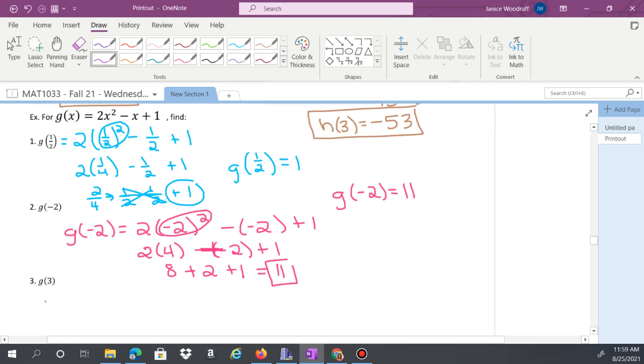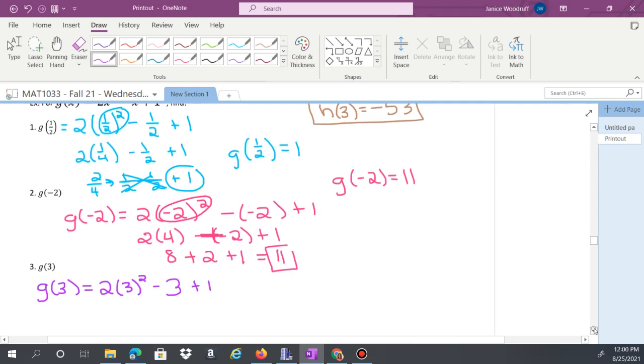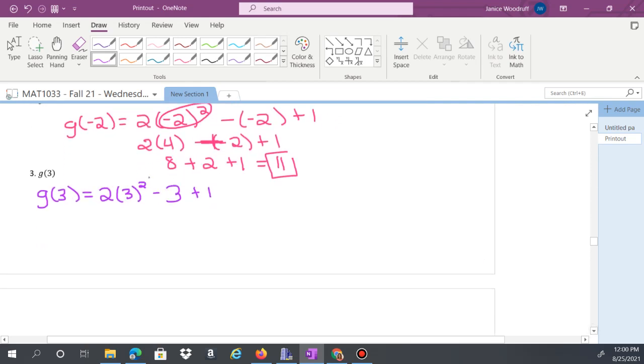Okay, then g of 3. Let's see what we got here. 2 times 3 squared minus 3 plus 1. Okay, so 3 squared is going to be 9.